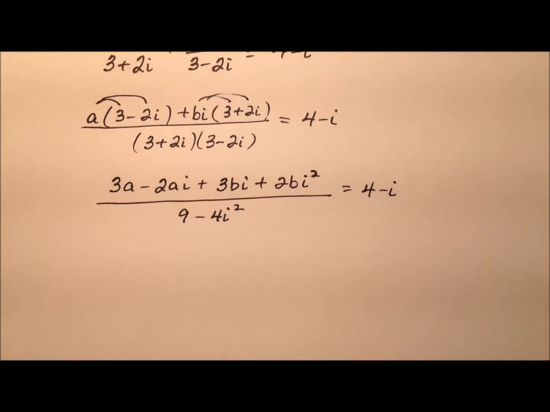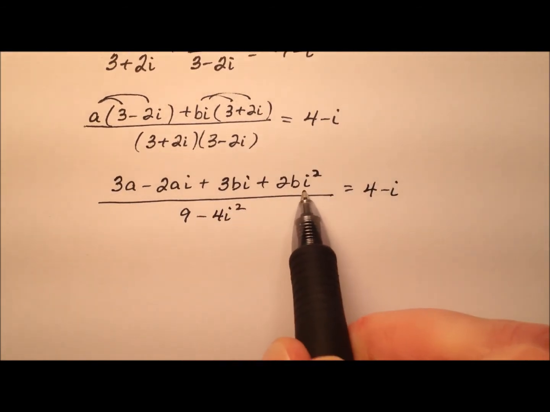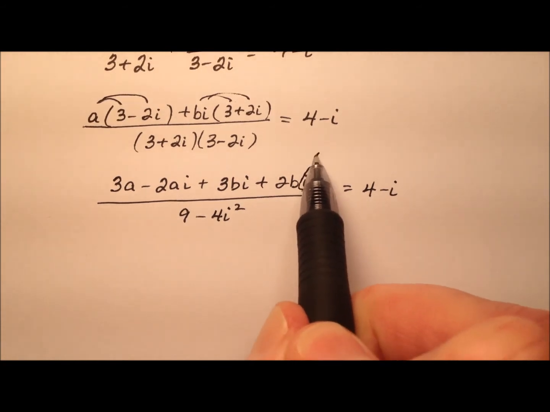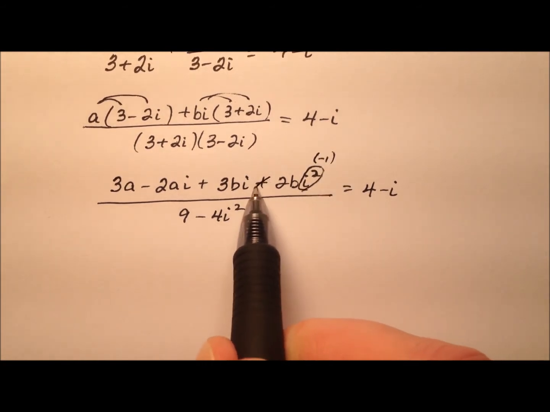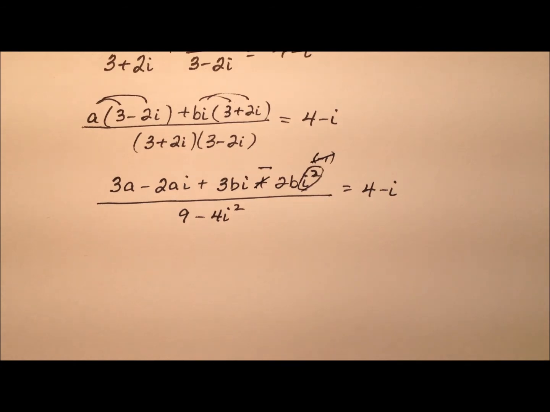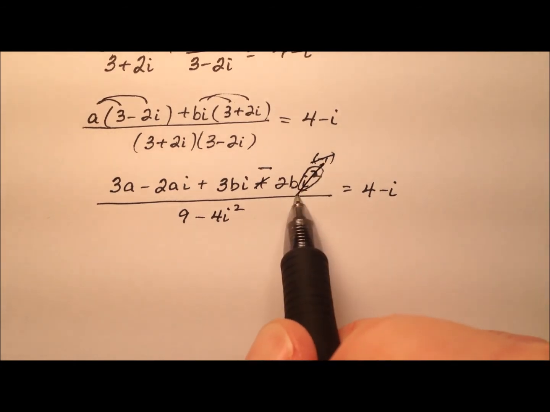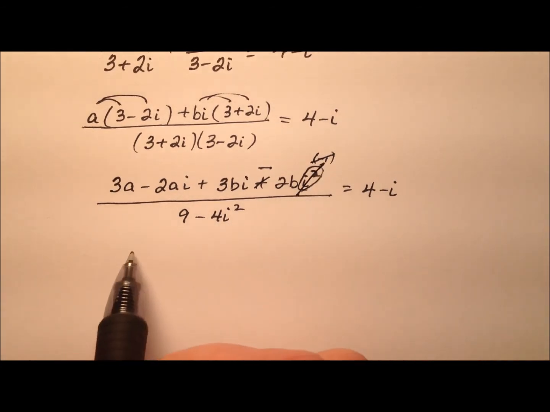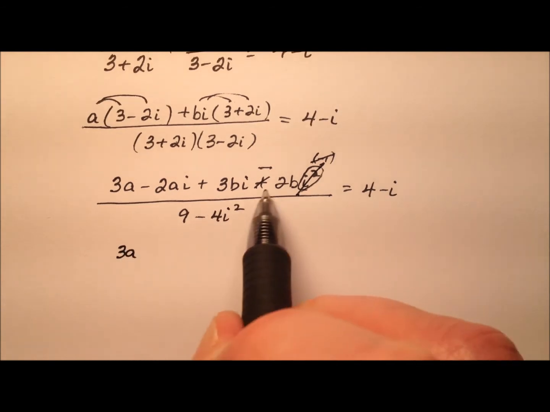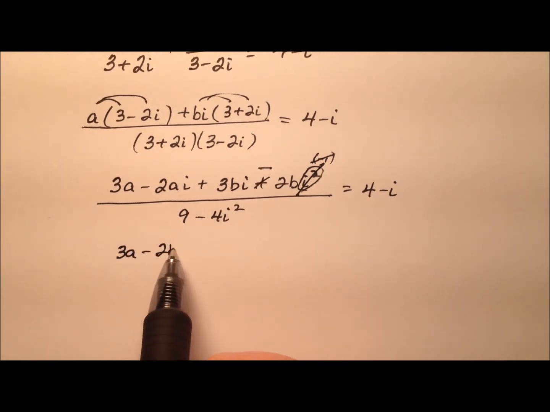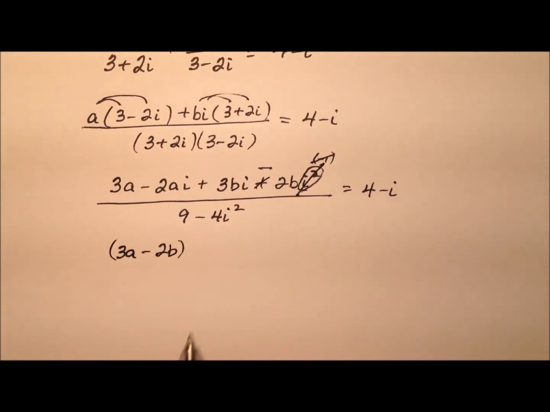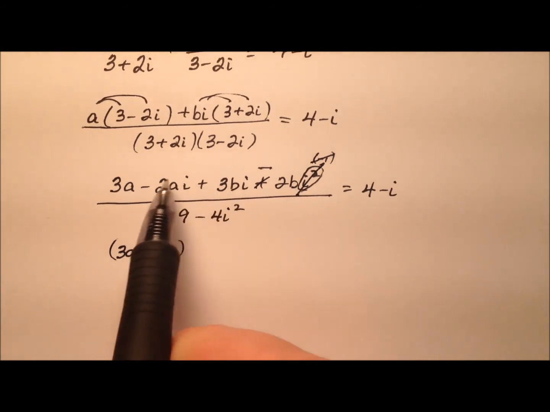Let's go ahead and simplify a little bit more. So this i squared is really a negative 1, so it'll take this plus sign and make it a minus sign. And the i will go away there, so my real parts look like 3a minus 2b. That's a real part. And the rest of these have i's that won't cancel.